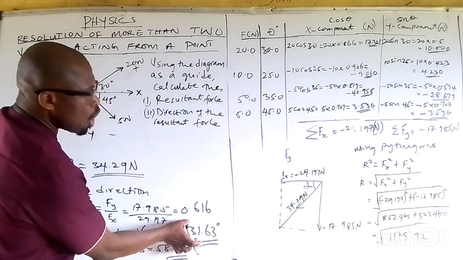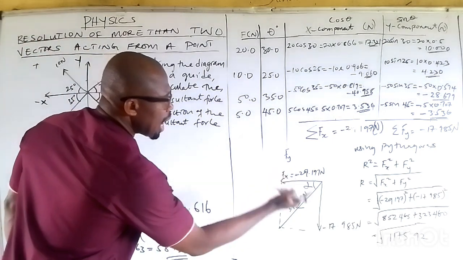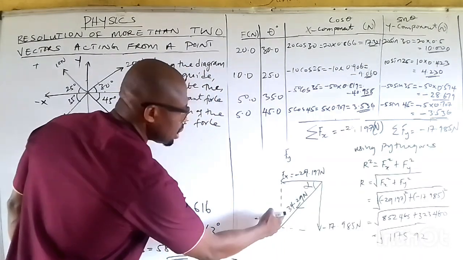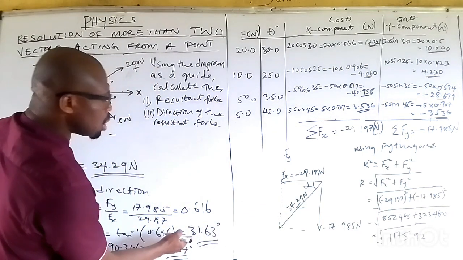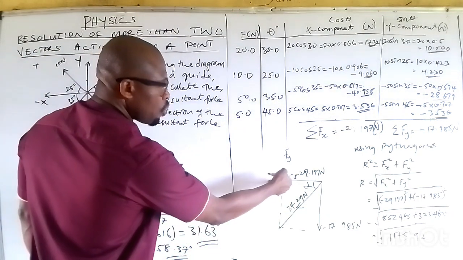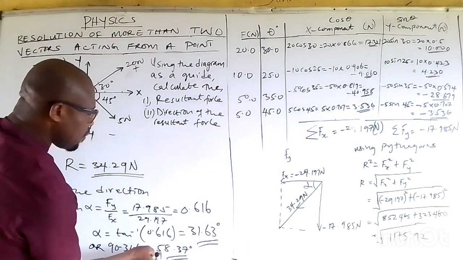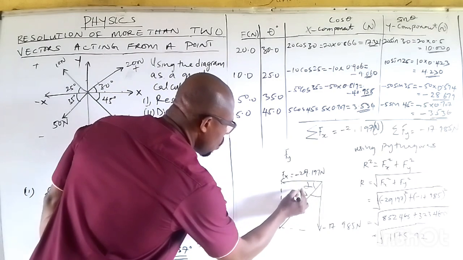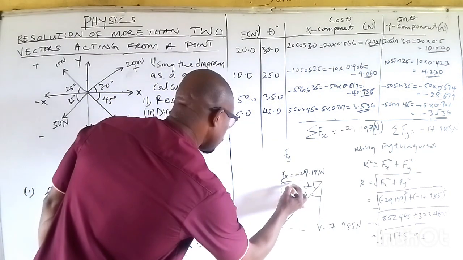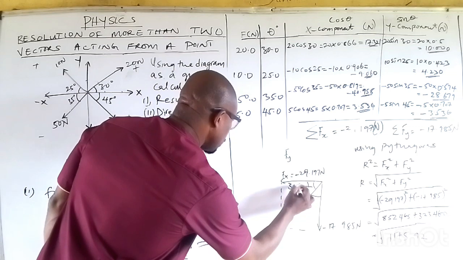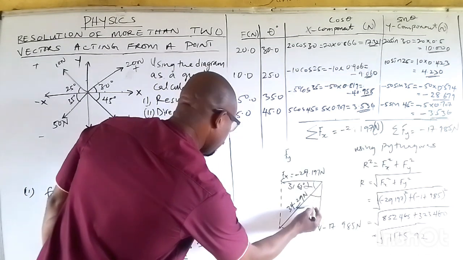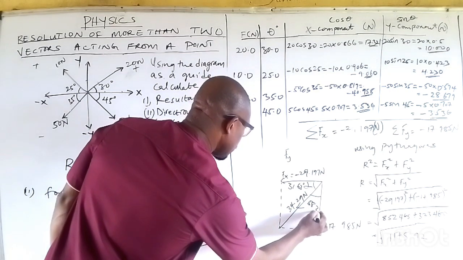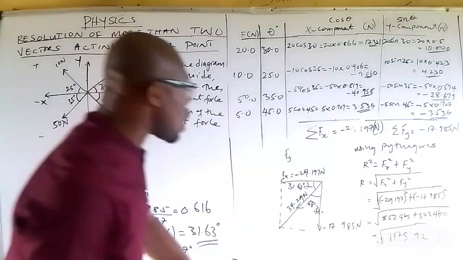So for this first one, we see that the resultant of F, Fx and Fy is at this angle to the horizontal axis, or we say 58.37 degrees to this. So we can have here 31.63 degrees, or we can have here 58.37 degrees.